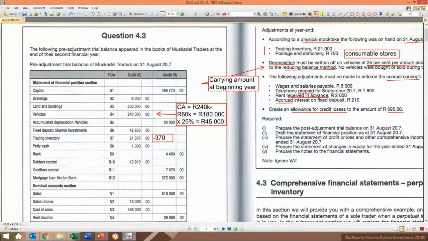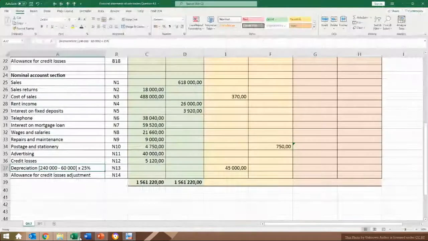Now the next thing we have to do is account for the adjustments based on the accrual concept. So the first one is wages and salaries. We've actually incurred it, but we haven't paid it. So now I have to create a liability in my books of 8,000 Rand to show that I still have to pay it going forward, and then increase the related expense. So let's start with, we increase the expense.